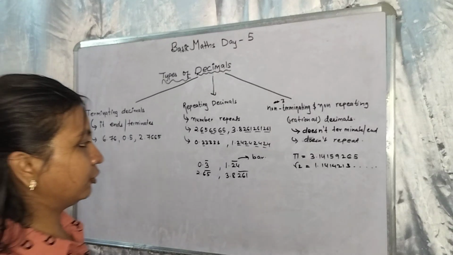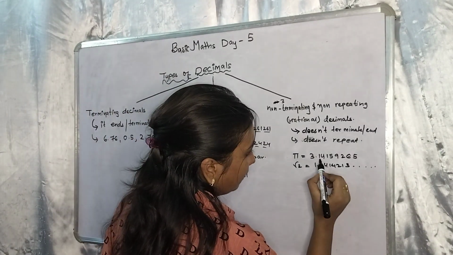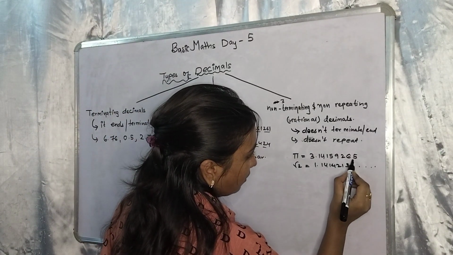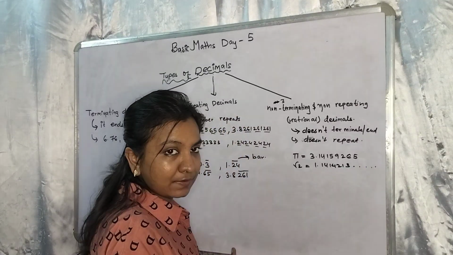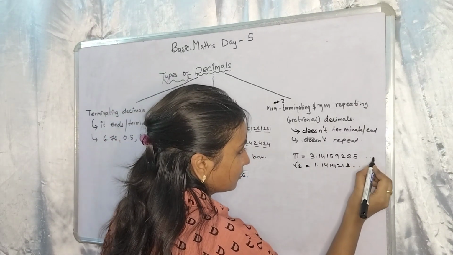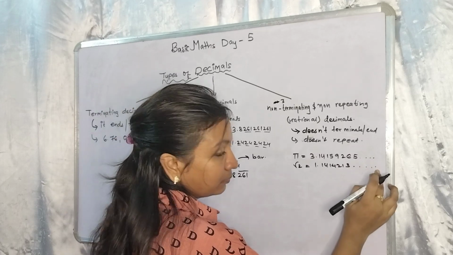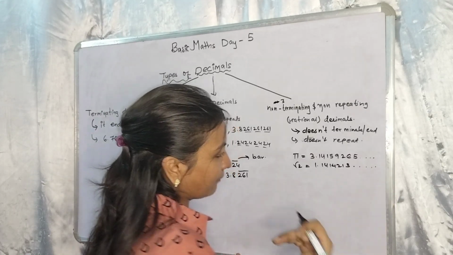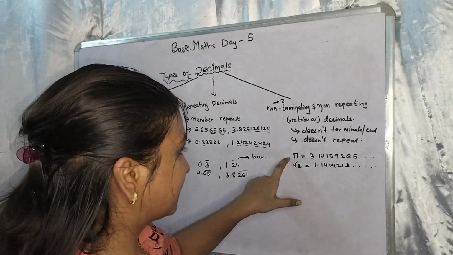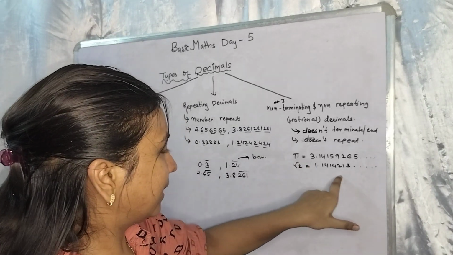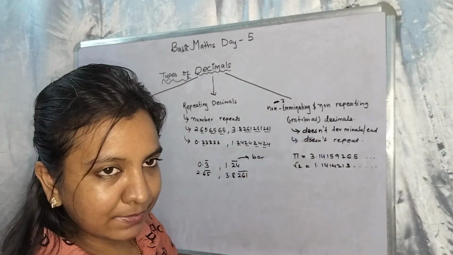See here, the numbers are not the same, neither are they repeating, nor do they have any pattern. This is also not terminating. There are plenty of numbers after 3. So this type of decimals are known as irrational decimals.